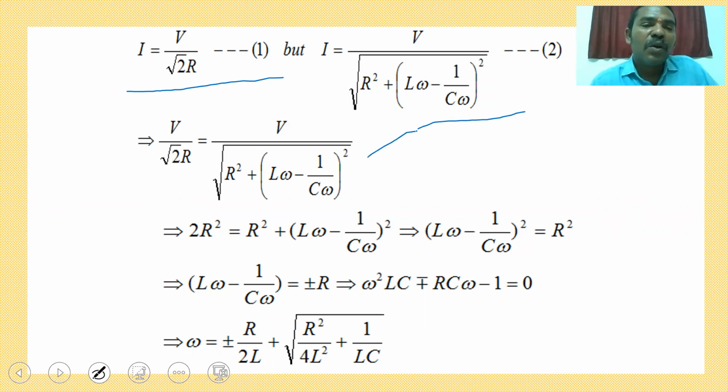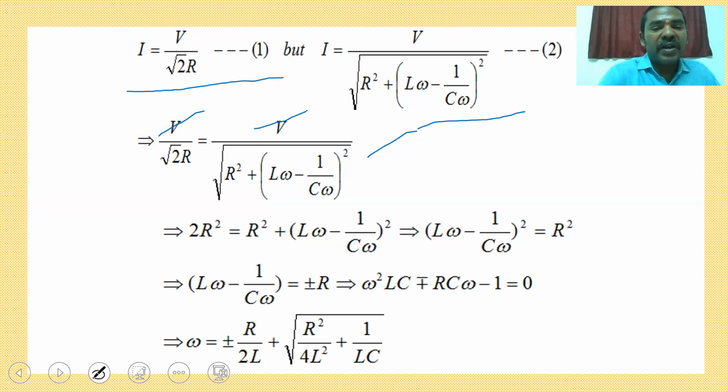So V by root 2 into R is equal to V divided by root of R square plus L omega minus 1 by C omega whole square. Now the V gets cancelled, and you can simplify the LHS and RHS.